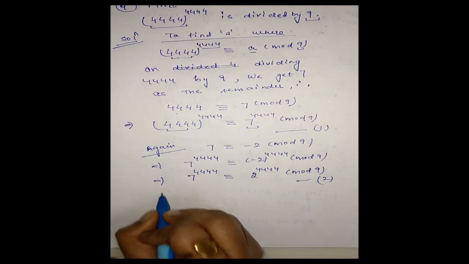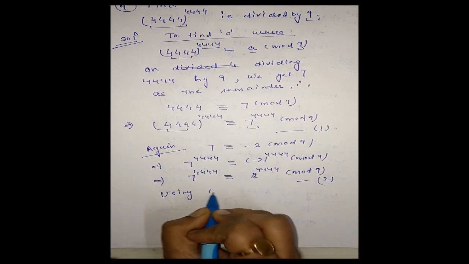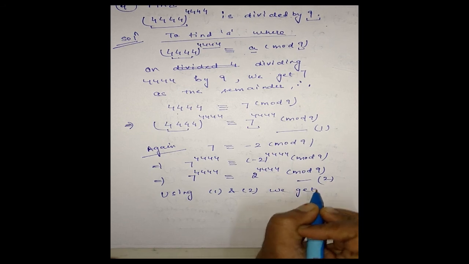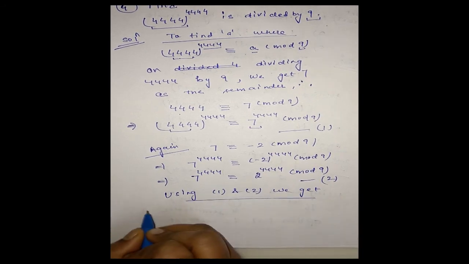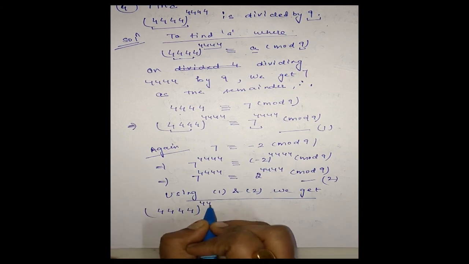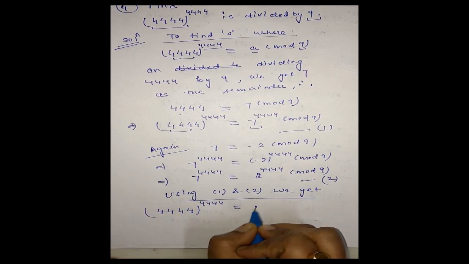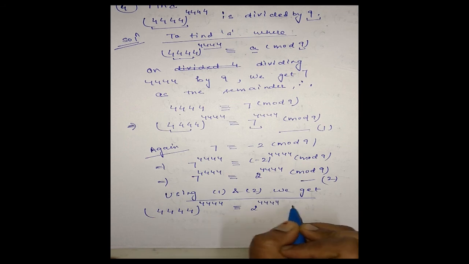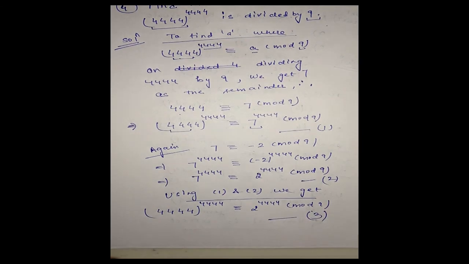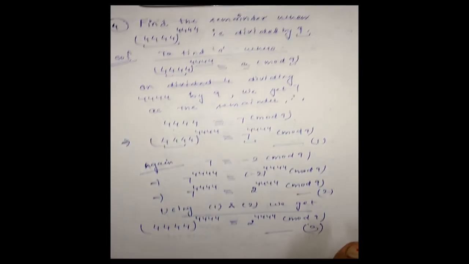Using 1 and 2, and using the transitive property of congruence relation, we get this congruence modulo 9. Now we mark this as equation number 3.